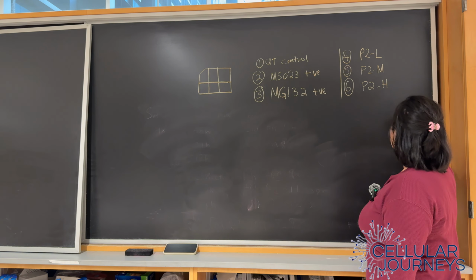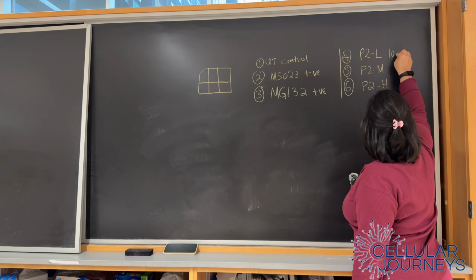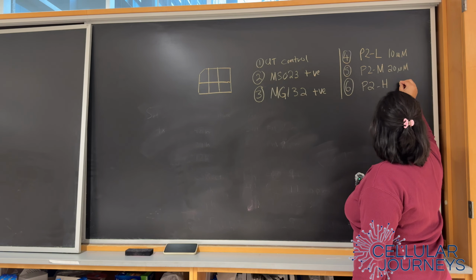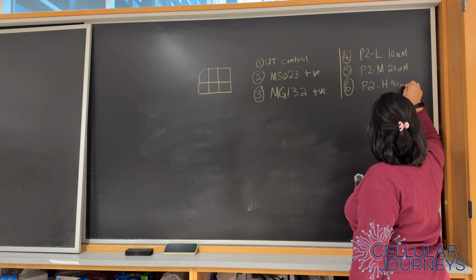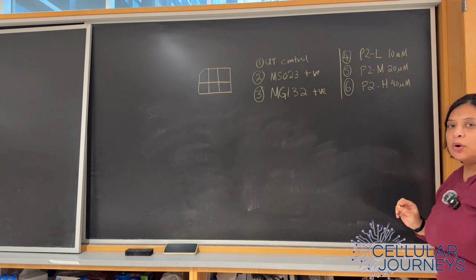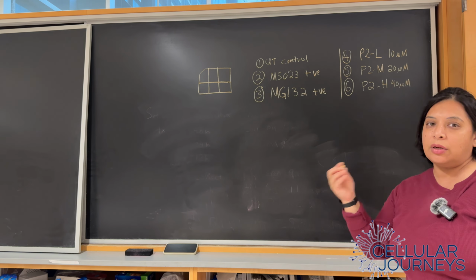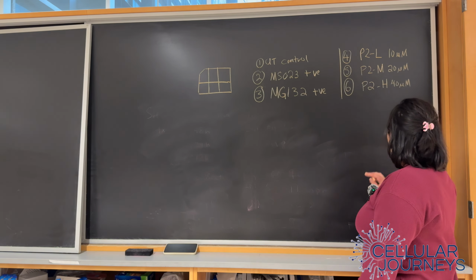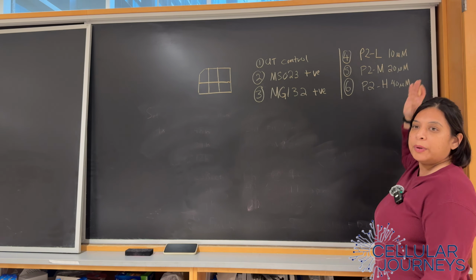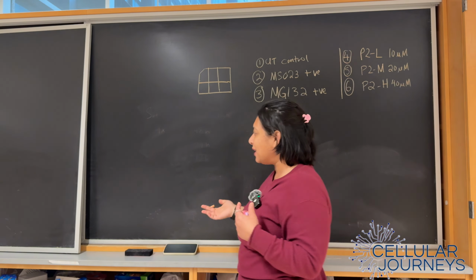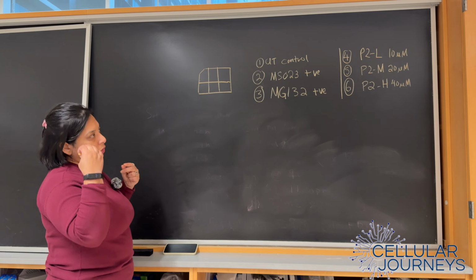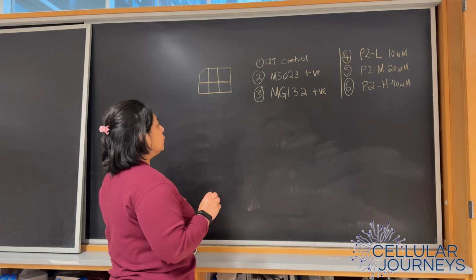In our case, those drug concentrations are going to be 10 micromolar, 20 micromolar, and 40 micromolar. And those are the ones that we have decided on based on previous results from our cell morphology experiments. We may choose to lower this down a little bit to get a broader spectrum or enhance it if needed. But for now, those are the 3 concentrations. So we are looking at a spectrum of concentrations.